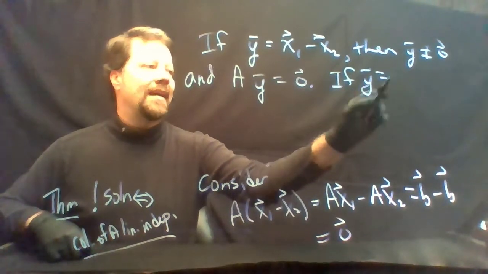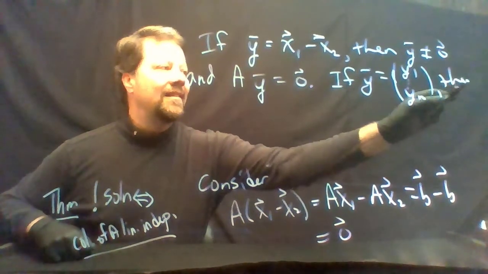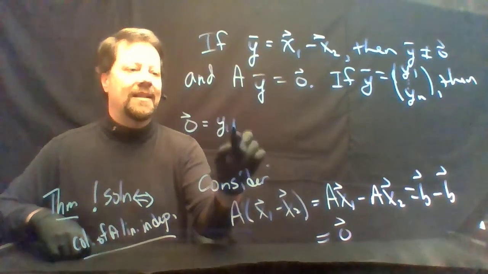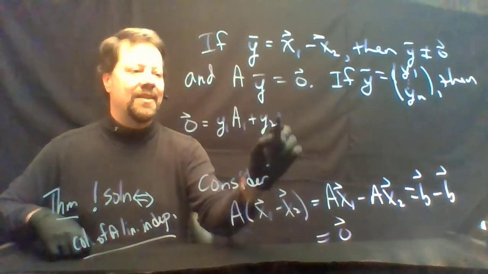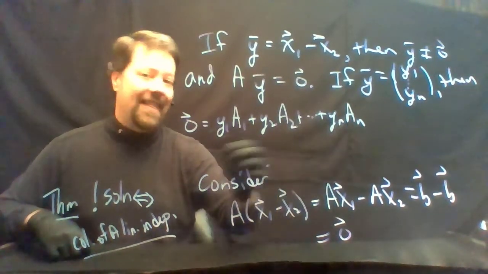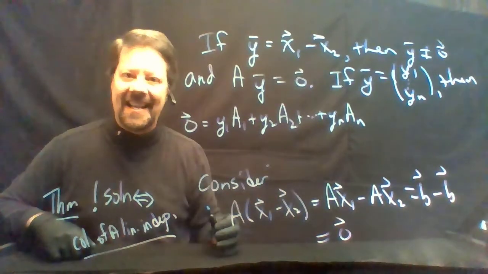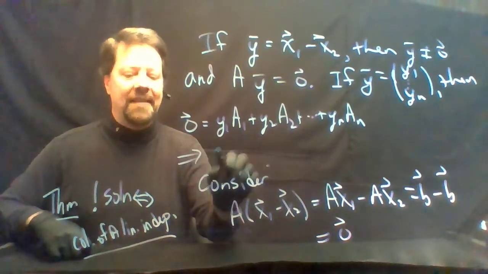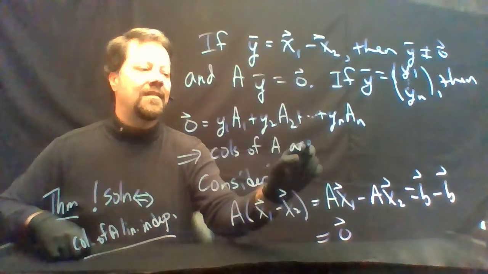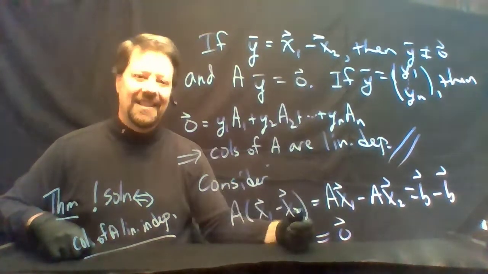If y bar has coordinates y1 through yn, then we get the zero vector is y1 times a1 plus y2 times a2 plus yn times an, and that gives us a non-trivial linear combination of the columns of the matrix A that adds up to the zero vector. That implies that the columns of A are linearly dependent, and that is the end of the proof.